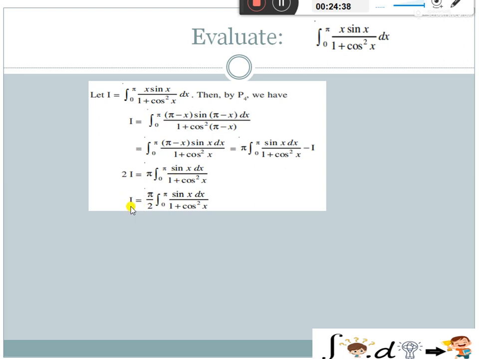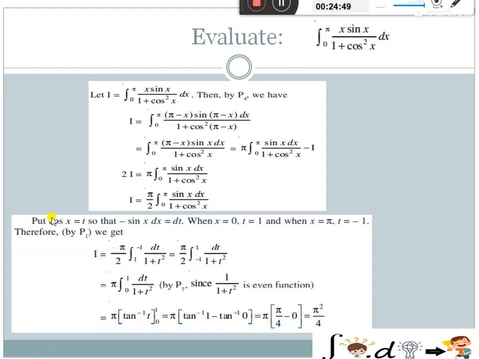Therefore I is equal to pi by 2 times 0 to pi sin x dx upon 1 plus cos square x. Is it clear?